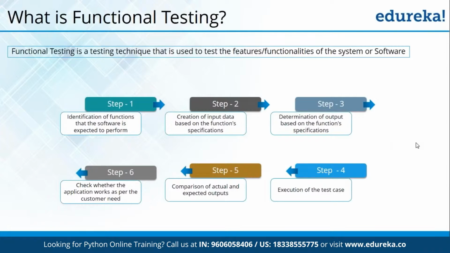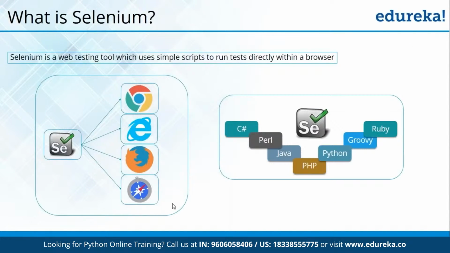So let's move forward and understand what exactly is Selenium. Selenium is basically a web testing tool which uses simple scripts to run tests directly within a browser. Or in simple terms, you can even say that it automates browsers. Now it is a portable software testing framework for web applications that provides a record or playback tool for authoring tests.